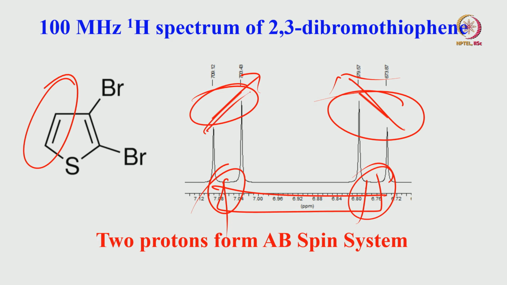But if you look at the intensity pattern, there is an AB character. This has a minute AB character in the AX spin system. So it could be AB because of the intensity, but if you look at the chemical shift, it could be AX. So it is AX with a minute AB tinge in that.